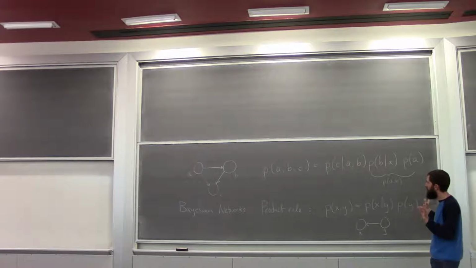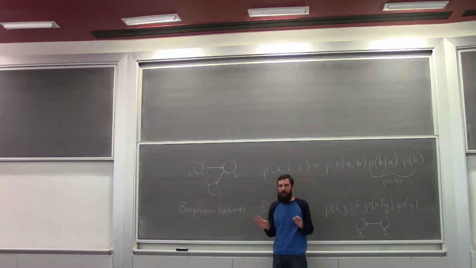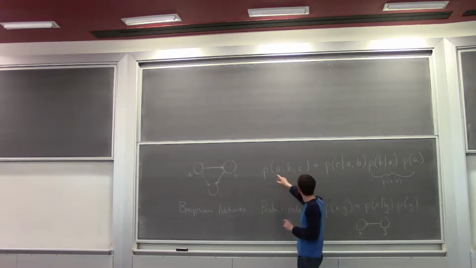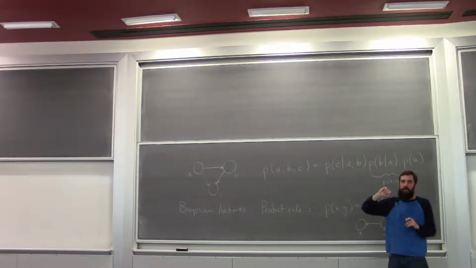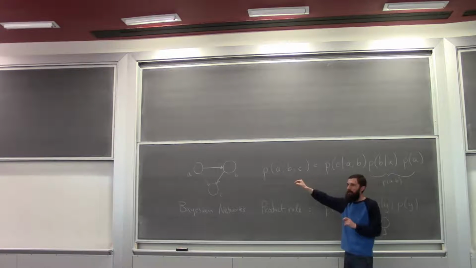Okay, so that's the basics, and that's basically all we're doing with graphical models, is drawing our random variables as nodes in a graph, and then writing down a factorization of the joint distribution in terms of the edges in the graph.